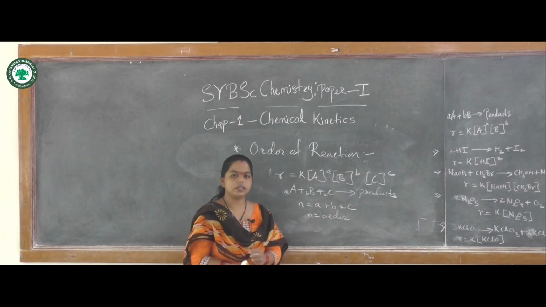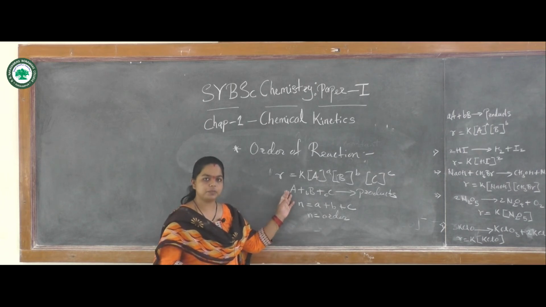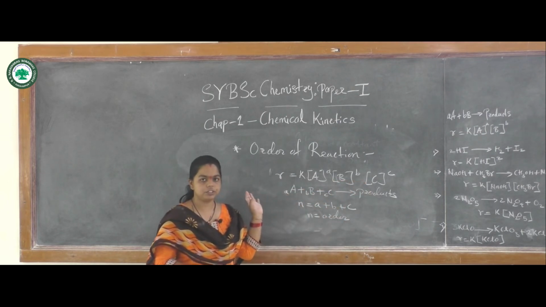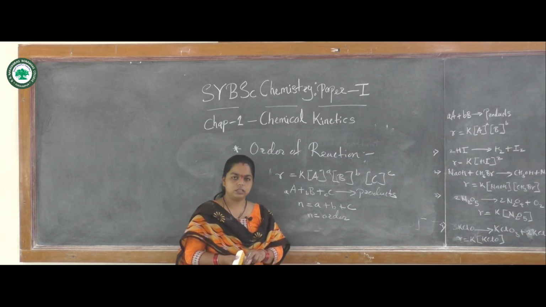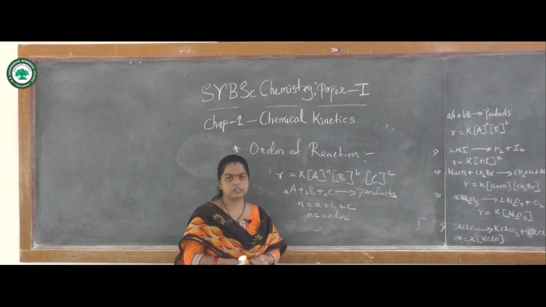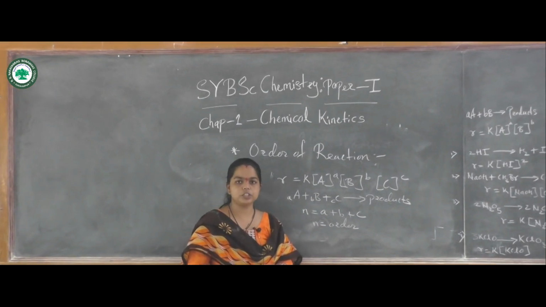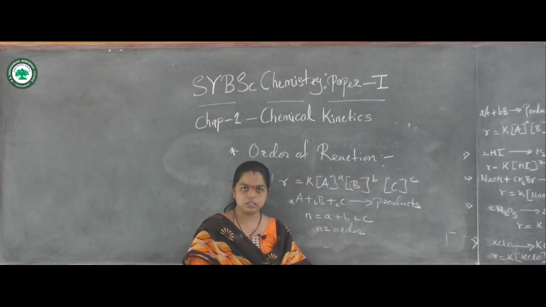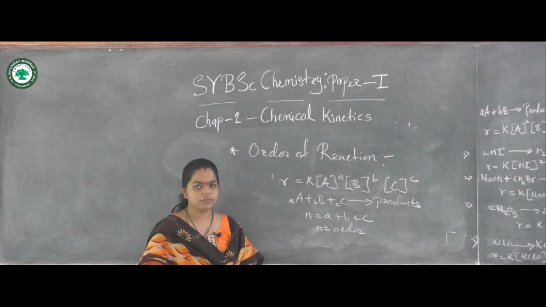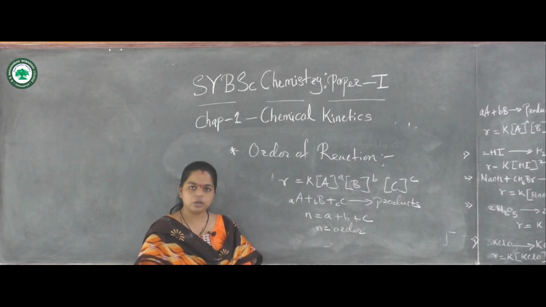The overall order is the sum of the exponents of the reactant concentrations given in the rate equation. The order of the reaction is the power to which the concentration of the reactant is raised in the experimentally determined rate equation. It is called the order of the reaction.